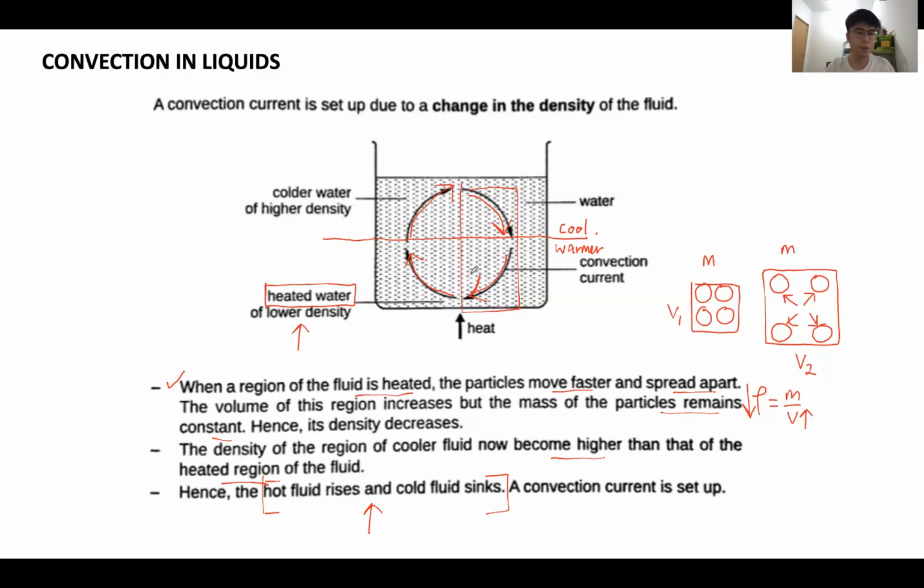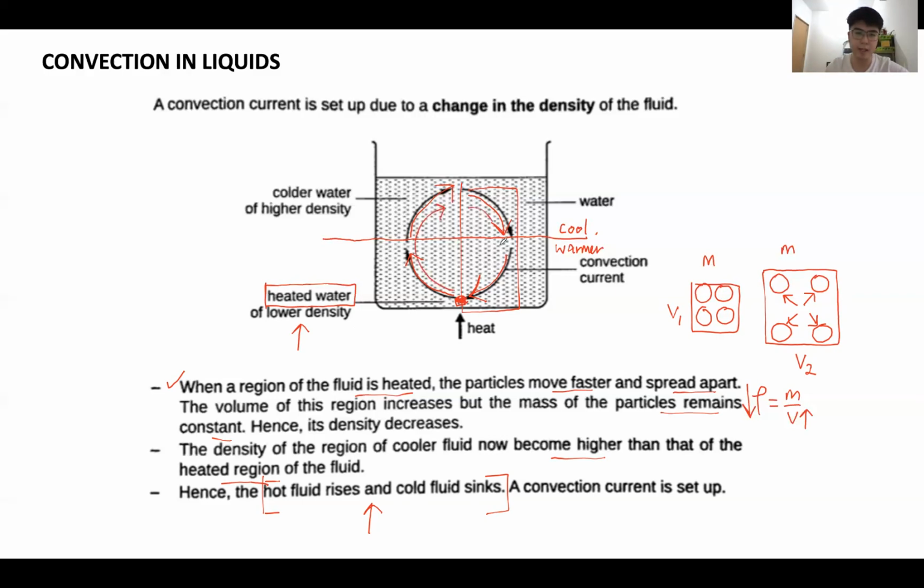How do you prove this? How to prove that the convection current happens? You can put impurities in the water, a crystal, a blue crystal, anything. Then you observe the motion of the crystal inside.